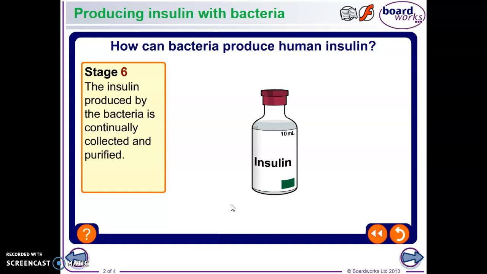In order to produce this insulin so that they can use it, this process is used. It can produce insulin in very high quantities, in quantities that allow it to be distributed to all of the people who are diabetic who need that drug. Write that in for stage 6.